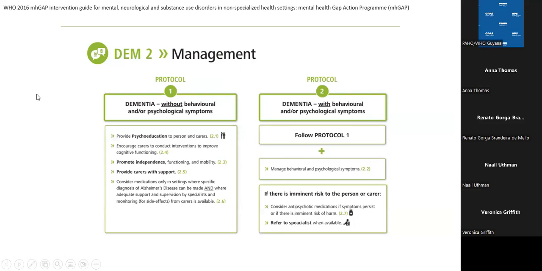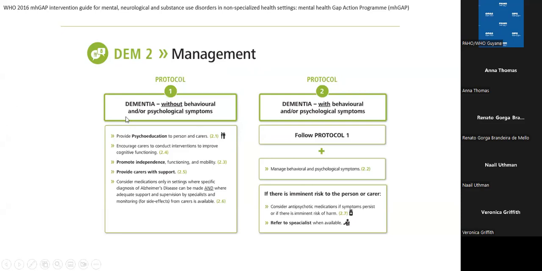And how to manage dementia. Here are some protocols presented by the WHO Intervention Guide for Mental, Neurological, and Substance Use in non-specialized health settings. Protocol 1.